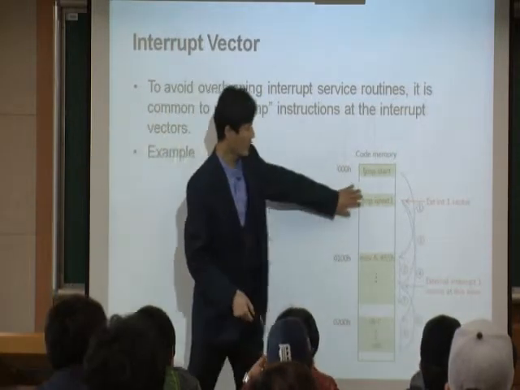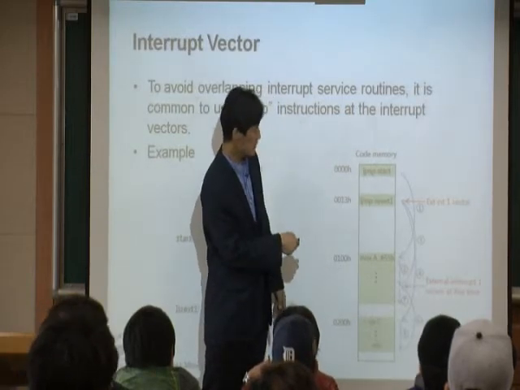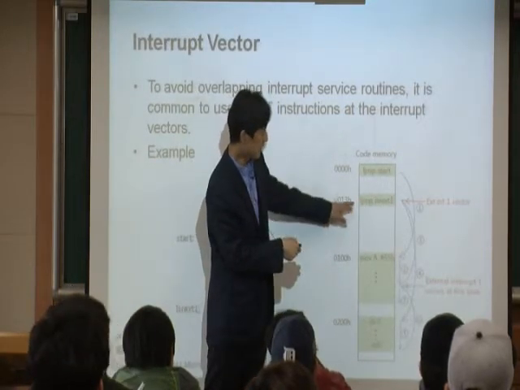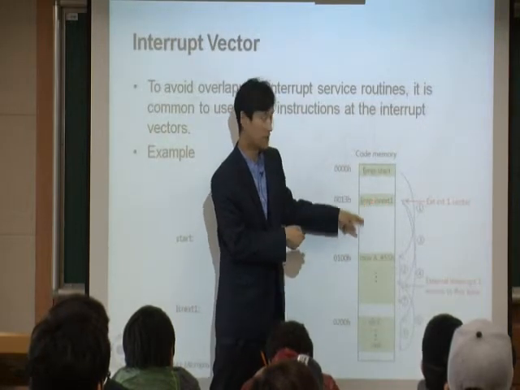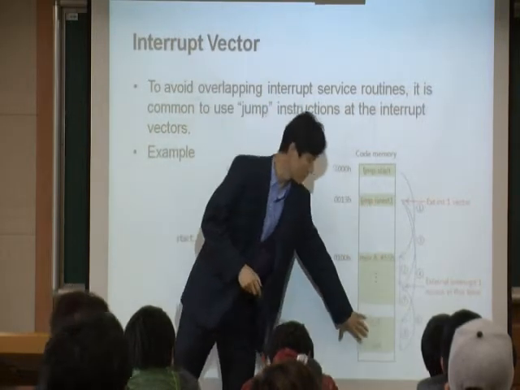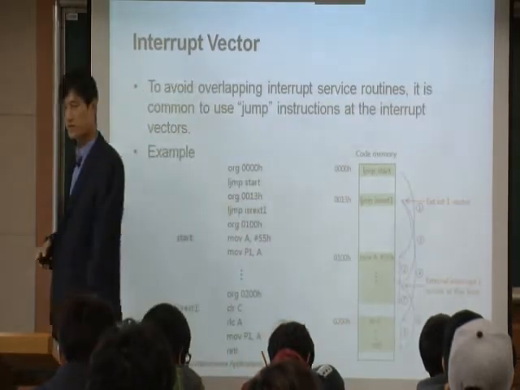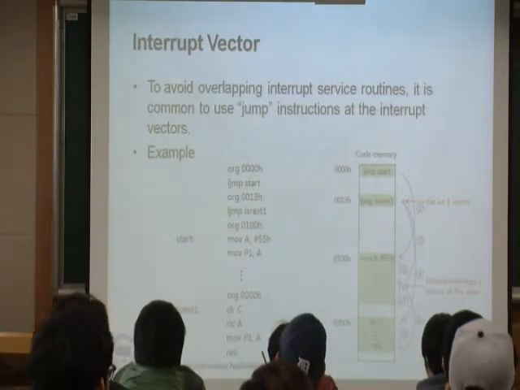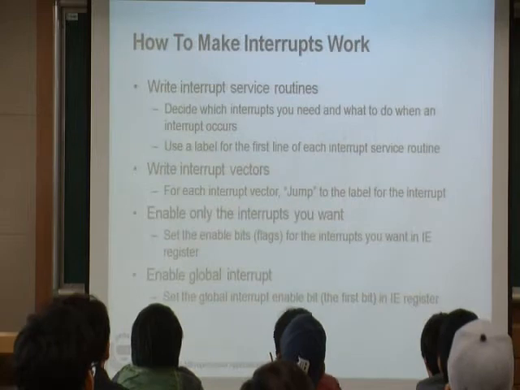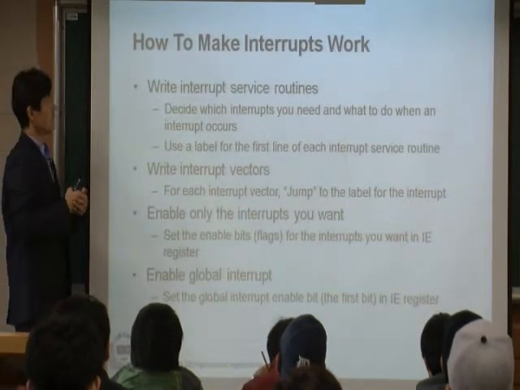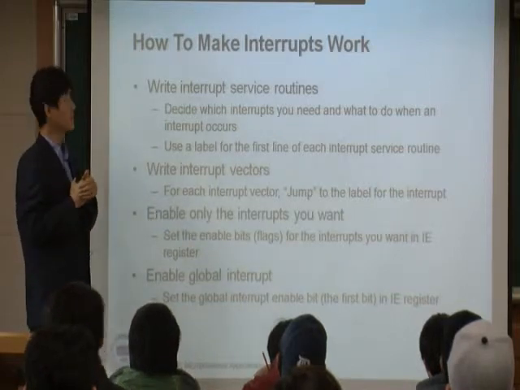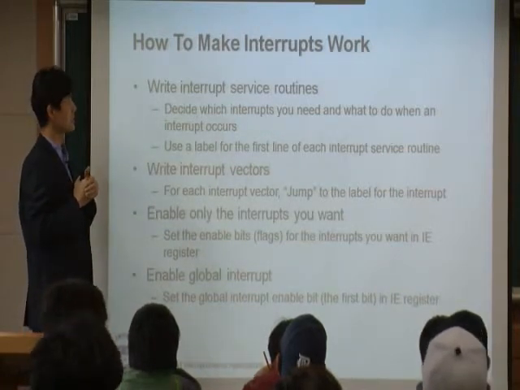So as long as you have the right label, and as long as you have the right instruction in the interrupt vector, it's okay. You can put the actual interrupt service routine anywhere. Okay, so these are the steps for how to make the interrupts work.